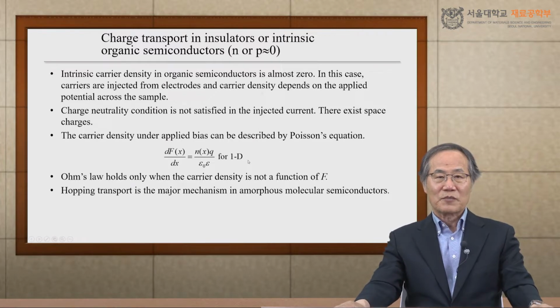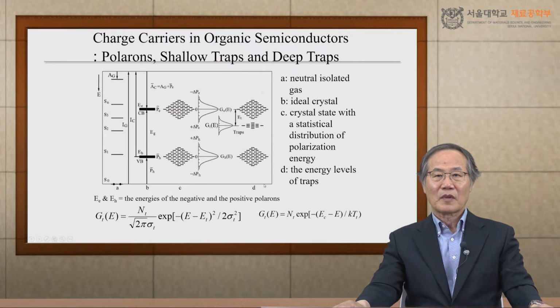Also, the charge transport mechanism is different in organic semiconductors. There is hopping transport, especially in amorphous molecular solids. So now let us start from the energy diagram of the case. In the previous case, this is a molecular energy diagram, and this is the crystal diagram.